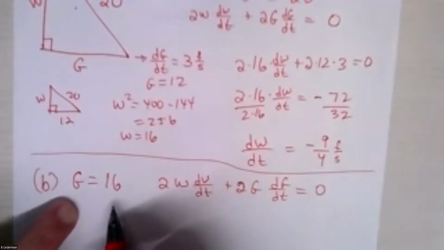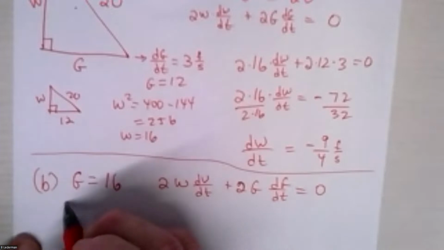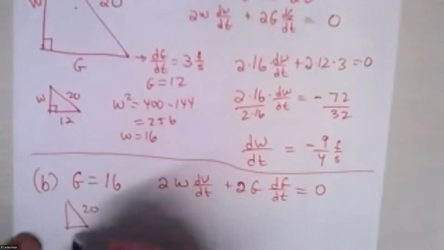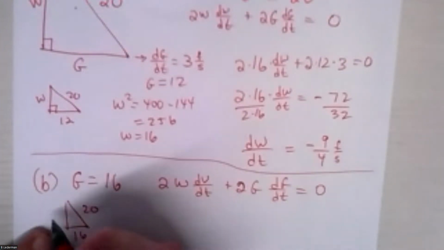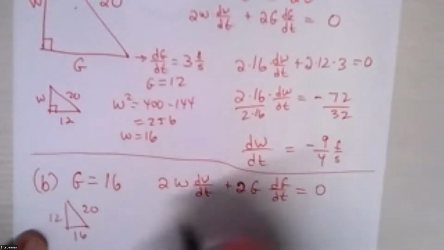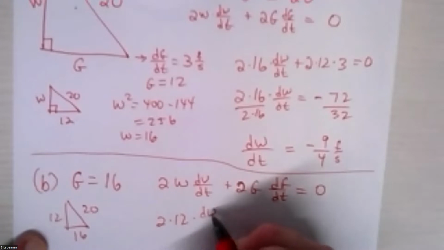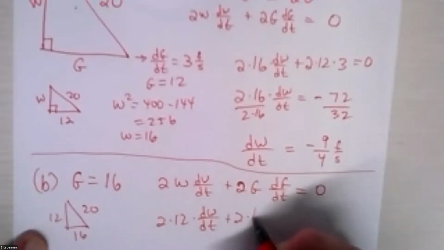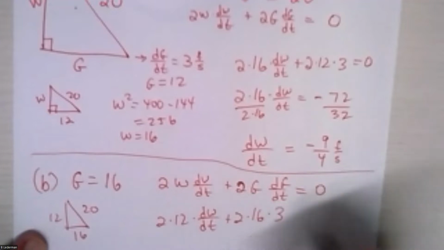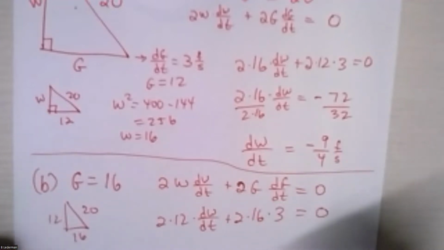I know that G is 16. Using the Pythagorean theorem, I get W is equal to 12. So now I just do 2 times 12 times dW/dt plus 2 times 16 times 3 equals 0.